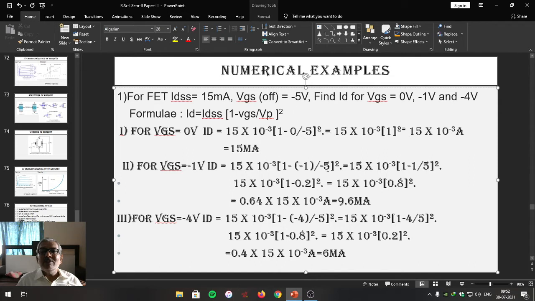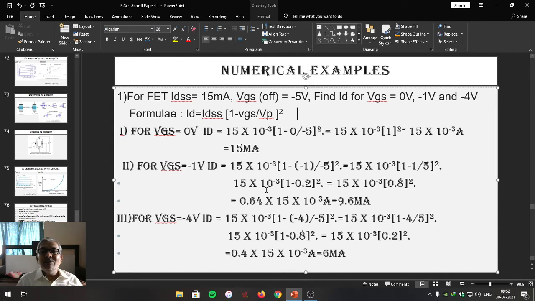Minus 1 upon minus 5 is plus 1 upon 5, so 1 minus 1 upon 5. 1 upon 5 means 0.2.